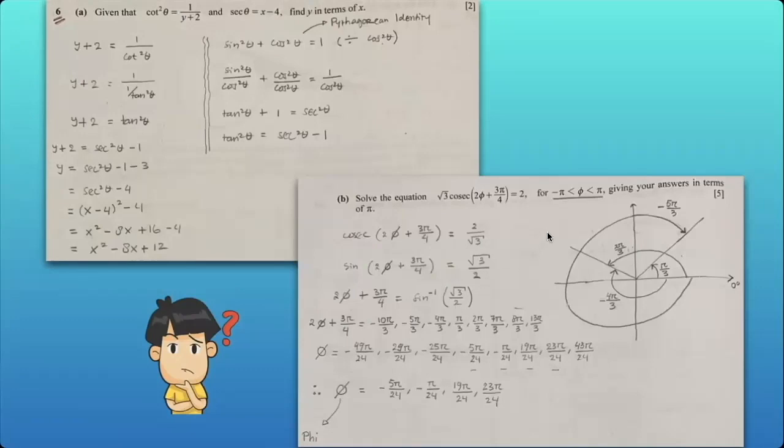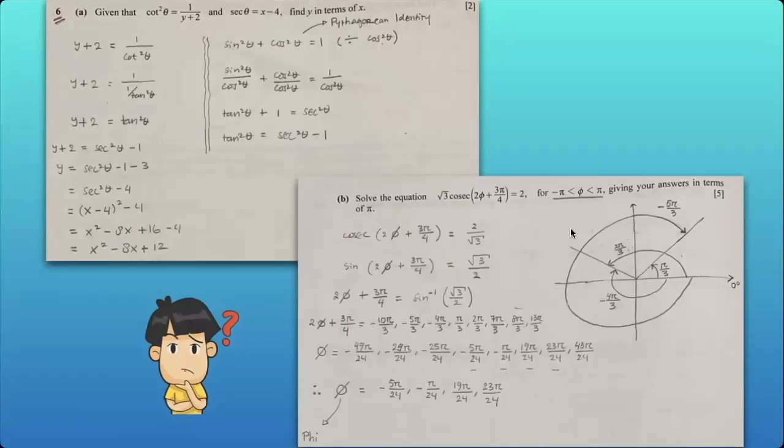And remember, we want both negative angles and positive angles. A negative angle means the rotation is clockwise, and a positive angle means the rotation is counterclockwise. So here is the list of possible angles.